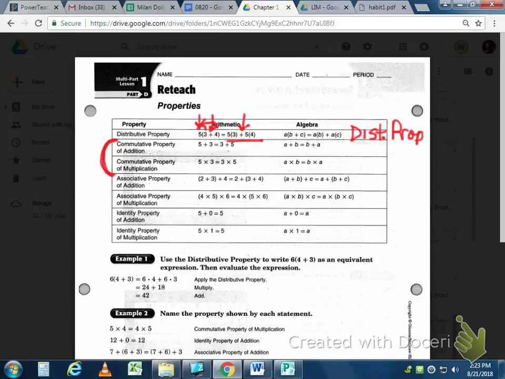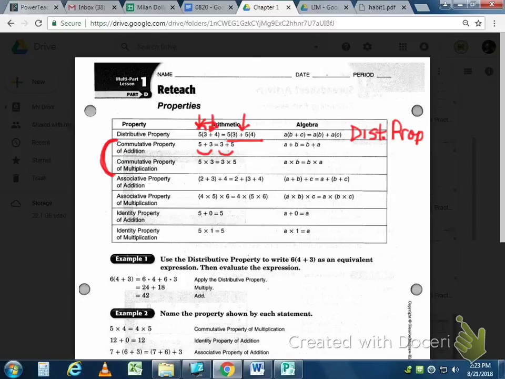You commute it. So for commutative property of addition, they're saying you can have 5 plus 3, but it's the same as if you add 3 plus 5. You're still going to get 8 no matter which direction you go. That's commutative property of addition. Multiplication, exactly the same. 5 times 3 and 3 times 5, same result no matter what.